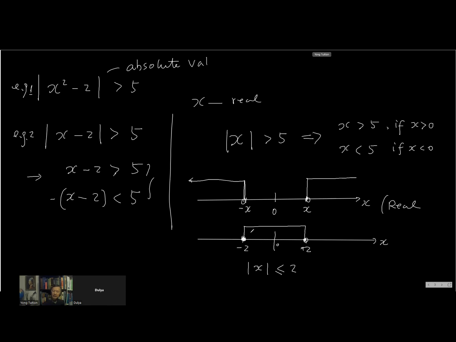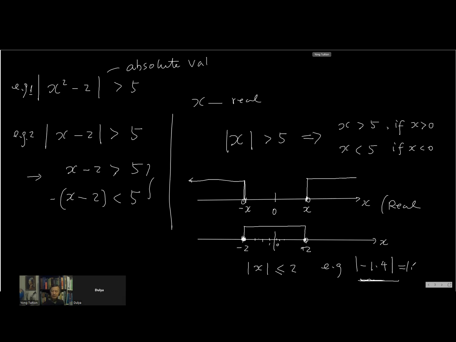Any value, positive or negative, doesn't matter, it's their amplitude. For example, negative 1.4: does that satisfy this condition? What is the absolute value of negative 1.4? It's 1.4.